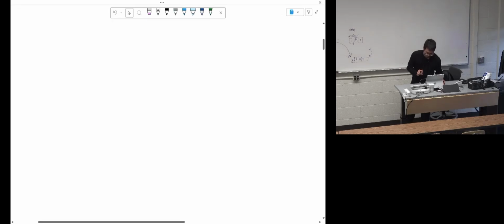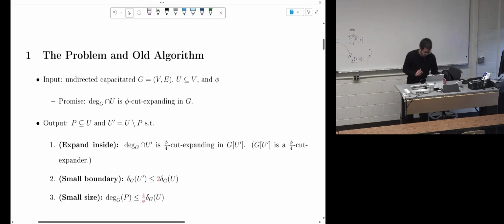Yeah. So, okay, let's recall the problem, right? The problem of expanded trimming.